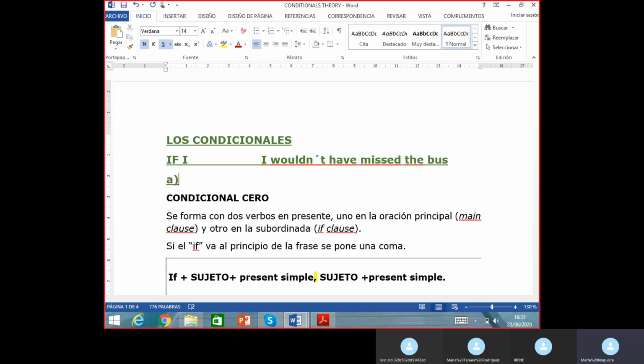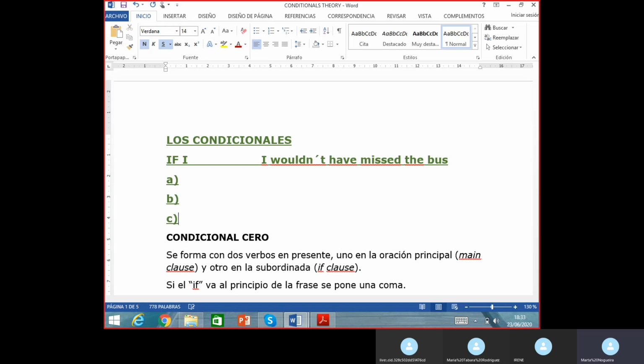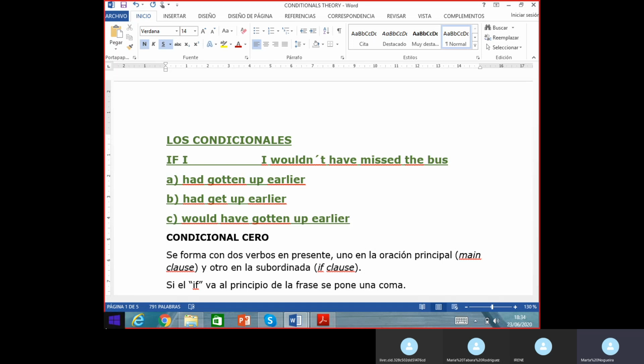You're going to have your options, and you're going to have if I. So in the exam, this is what you're going to have. Okay, so you are going to be given one part. You have this part, you have to recognize in the exam, okay, this is the third conditional. I have to put the past perfect. What is the past perfect in here? Here in A.